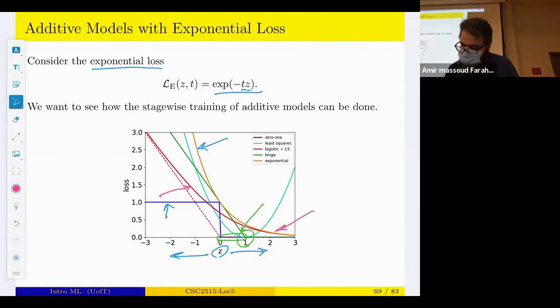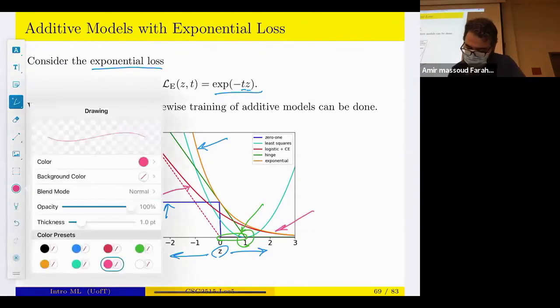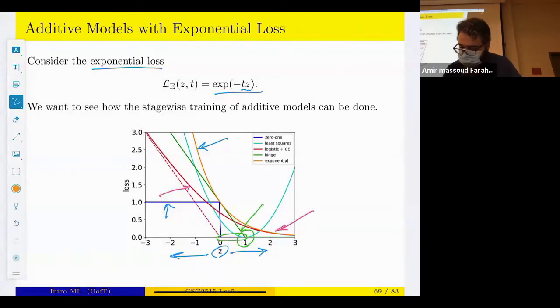And then we have this exponential loss, which is the new one. You see that on the positive side, it behaves almost similar to logistic regression. But on the wrong side, it behaves exponentially. So if we are predicting incorrectly, the loss would increase exponentially depending on how large in absolute value the Z is.